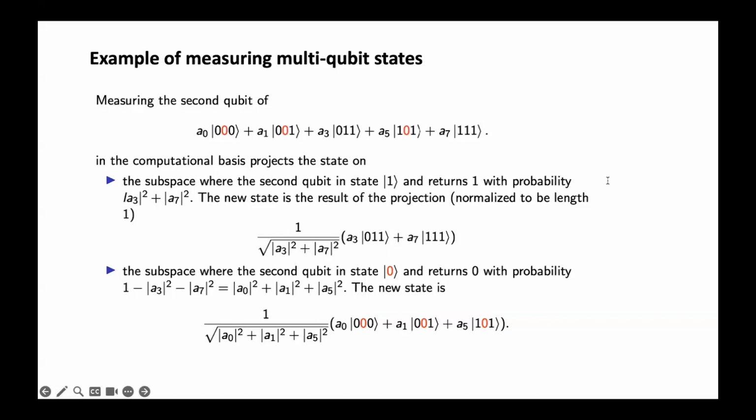What we're going to see here is that we are going to do this measurement by measuring qubits individually, and then we are going to reduce this measurement into the measurement of the single qubit. So if we wanted to measure the second qubit of this expression in the computational basis, then what we do is we project the state on the subspace where the second qubit is in state 1 and returns 1 with probability.